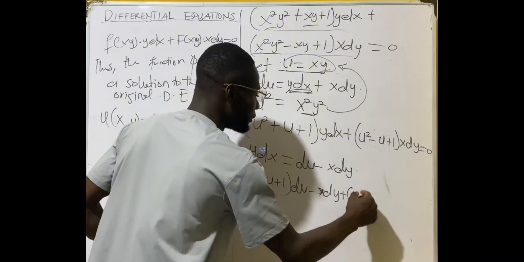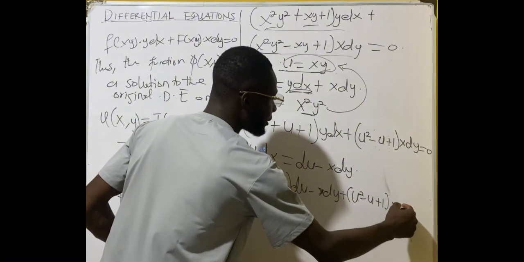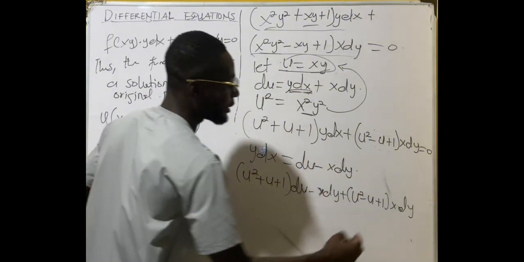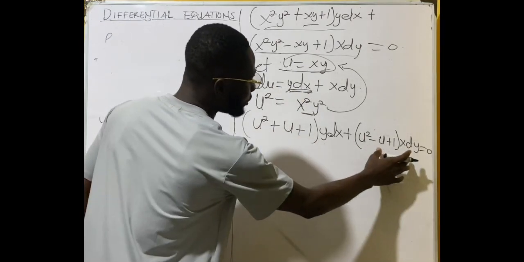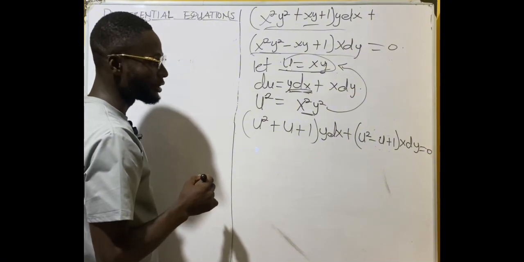Plus u squared minus u plus 1 x dy, right? And that should be equal to what? 0. Once we have this, then let's try to do some substitution.